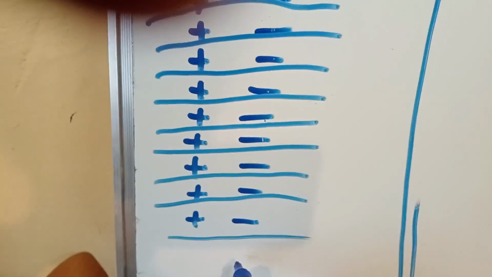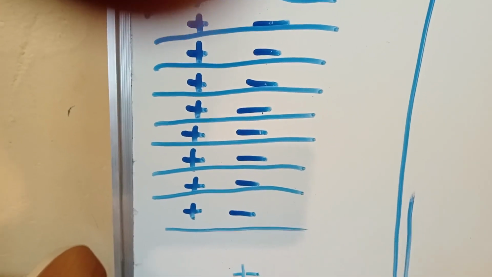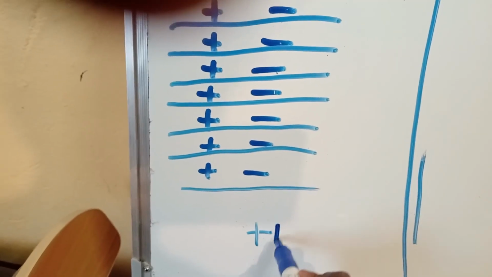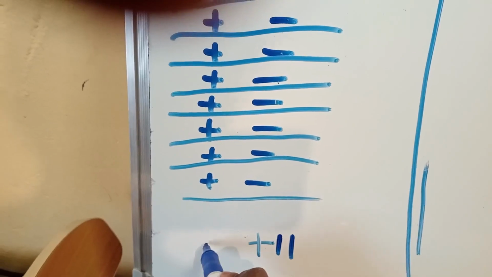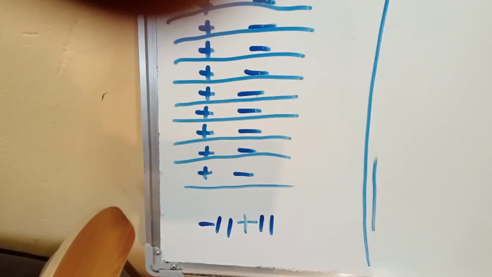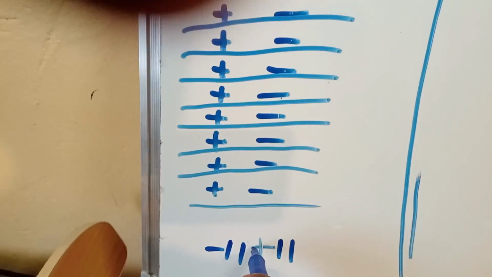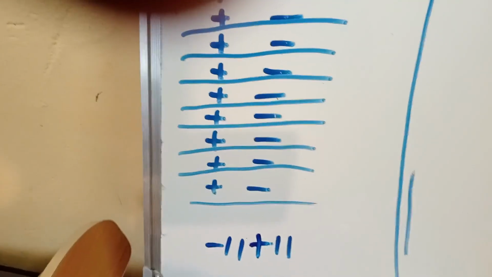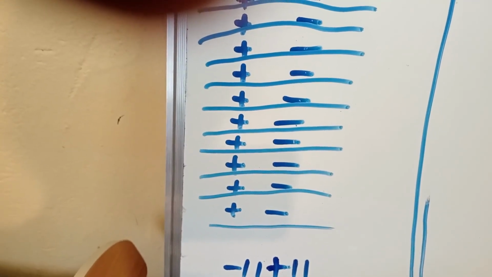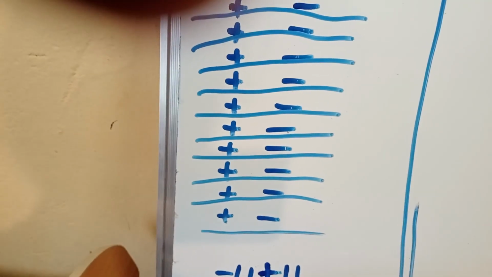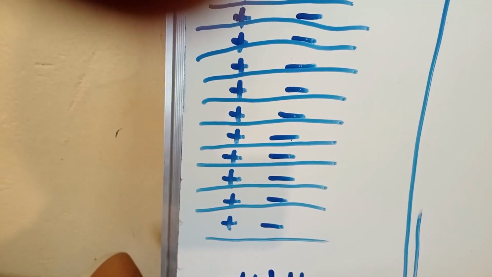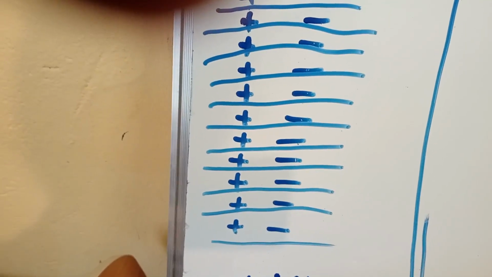So mathematically, there are 11 positive, so plus 11, and on the other side we have minus 11. So let me teach you something here. Mathematically, or even in real life, you have a debt of someone of 11 shillings.